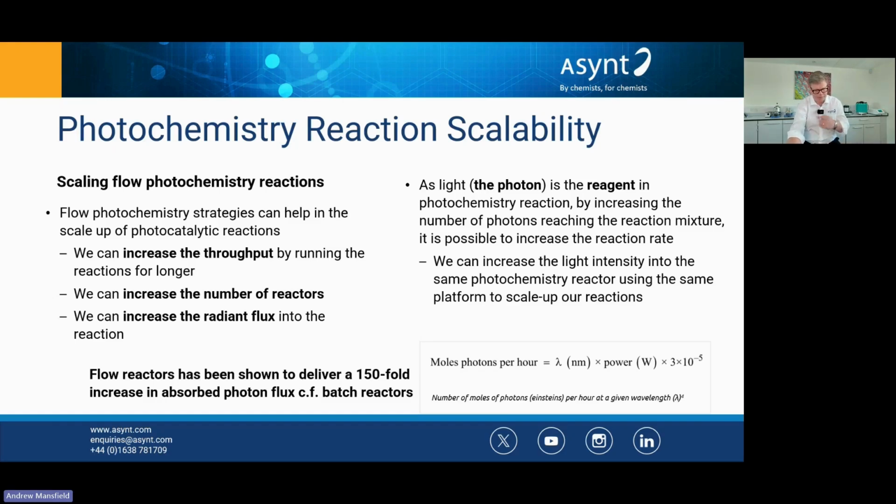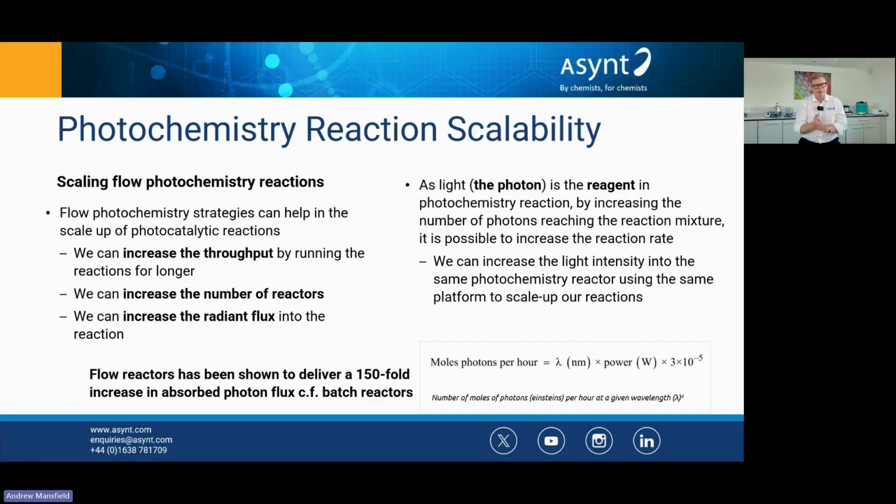There are really nice examples of these in the literature. I'm not going to run through any chemistry today. This is really just an introduction to photochemistry and modern reactors. A cursory look at photochemical reactions on any search engine will give you some excellent examples, and we may cover that in another session.